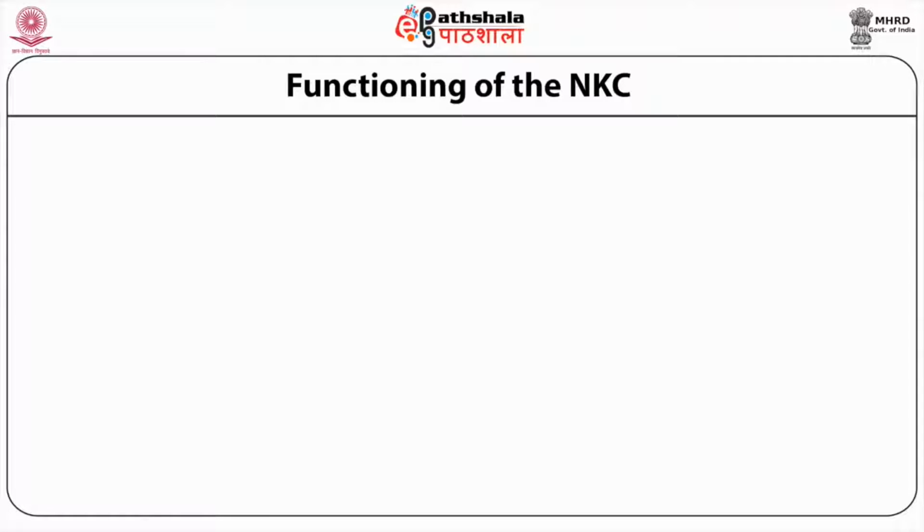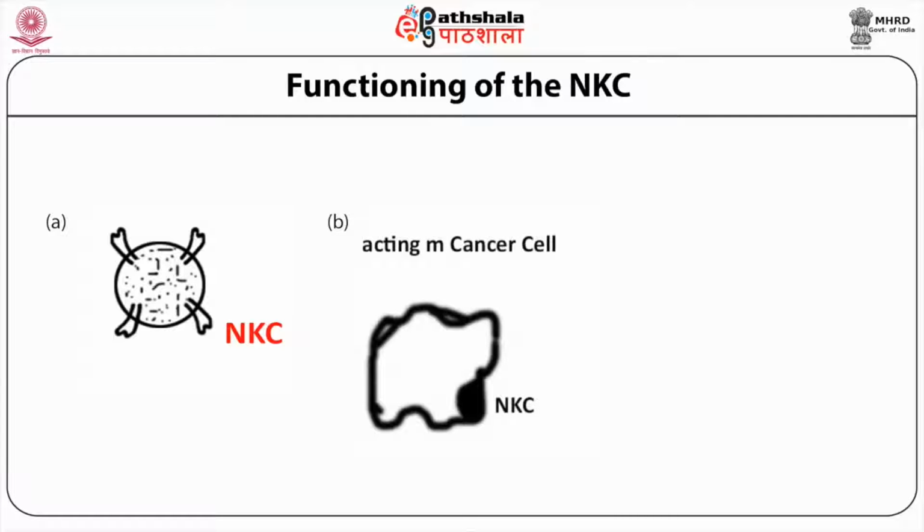Let us look at the functioning of the NKC as a cell which is involved in the functioning of the innate immunity. As you can see in this figure, the lower left, the NKC is locating, binding and attacking a large cancer cell.